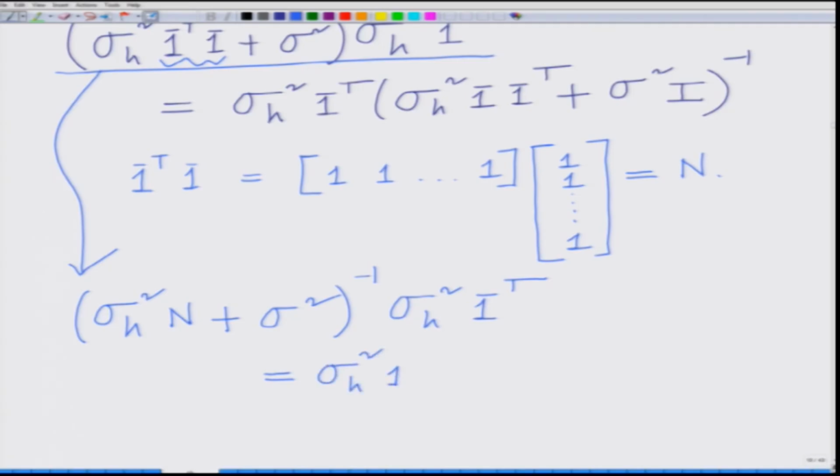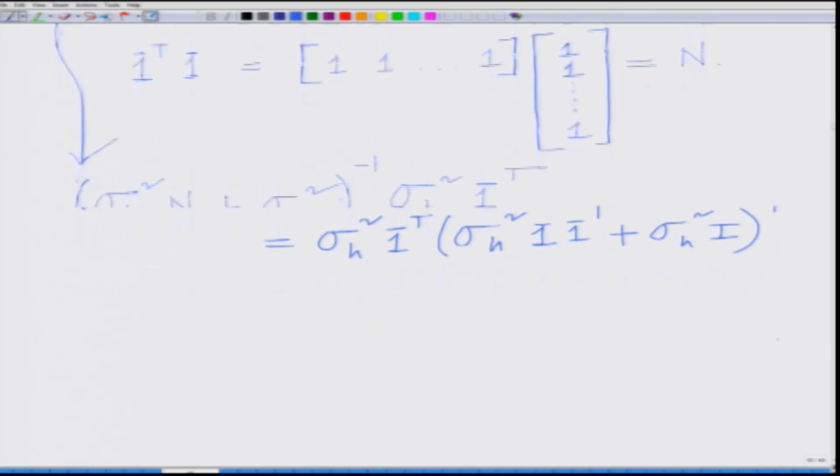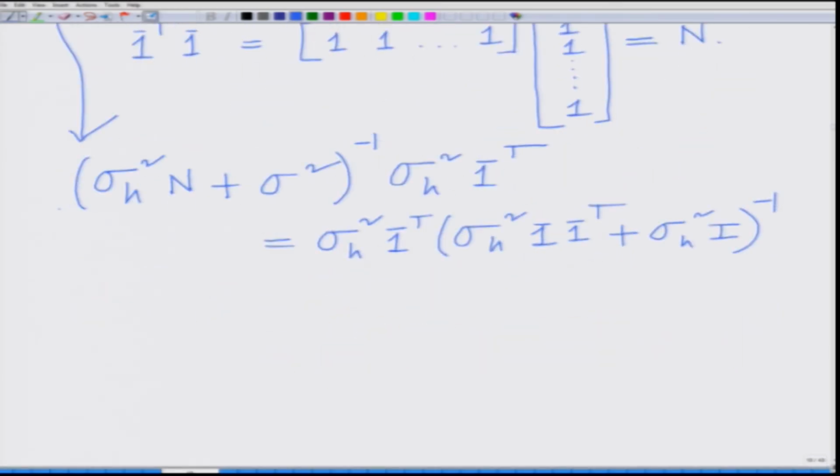sigma h square 1 bar transpose, sigma h square 1 bar transpose plus sigma h square identity inverse. Now, this is a scalar quantity, look at this, this is simply a scalar quantity. So, the inverse is the reciprocal.